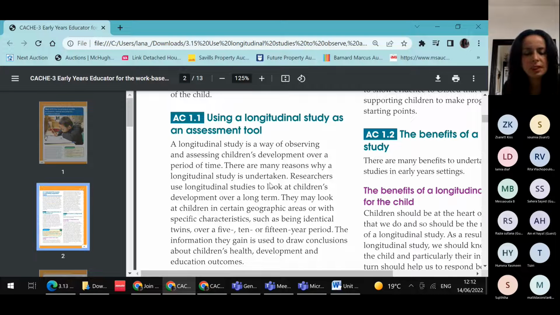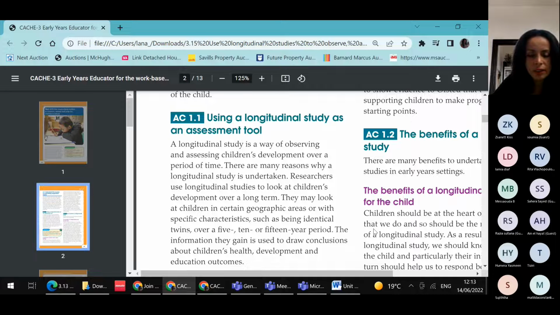So why do we need to do longitudinal study? Researchers use longitudinal studies to look at child development over a long period of time. They may look at the child in certain geographic areas or with specific characteristics, specific people, how they act in this situation, how they act in that situation, how they act in their house, how they act in their school.